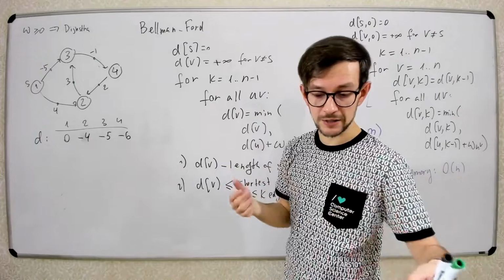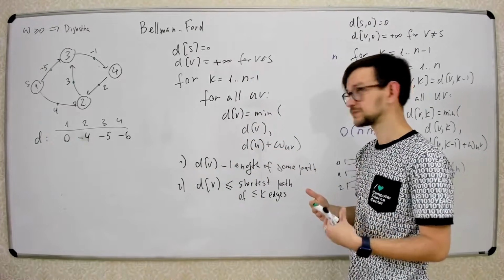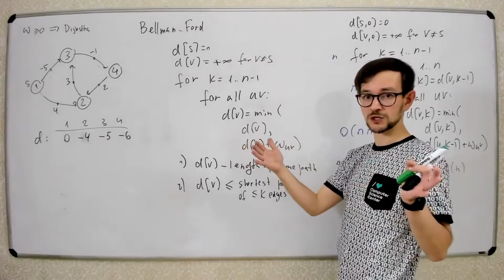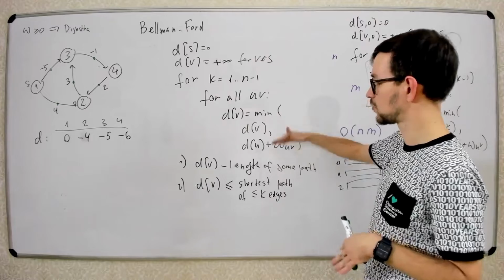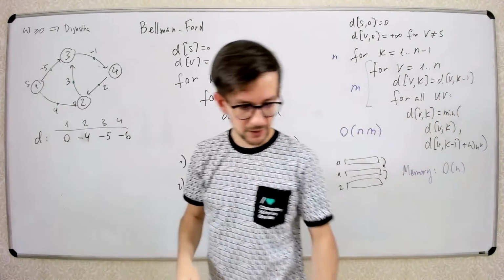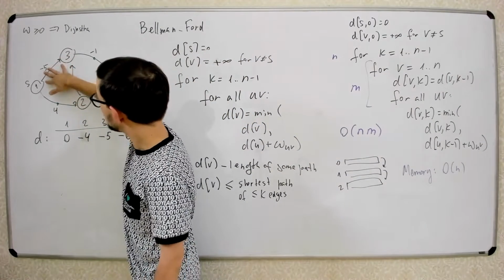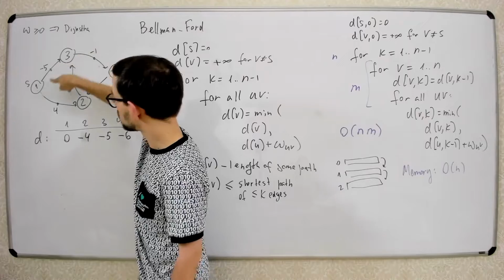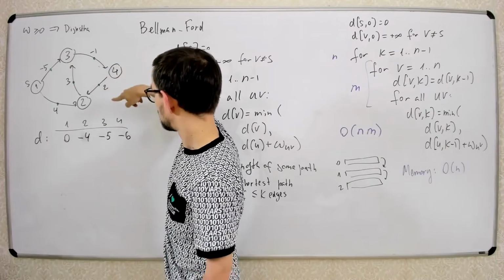And now we apply it the second time. We apply the same loop 3 times, because the shortest path will contain no more than 3 edges. Let's apply it again. So again, we try to relax this edge. If we relax this edge, then here will be at most minus 5. It's still minus 5. The value here will be minus 6.